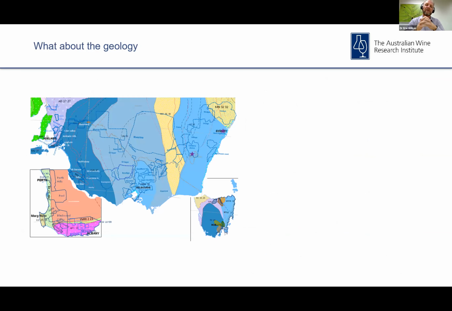So what we decided to do was have a look at the geology, and rather than trying to nail it down by zone or state, we said, well, can we identify it based on the underlying geology? And so this uses something called the ACE classification, which is Australian crustal elements.